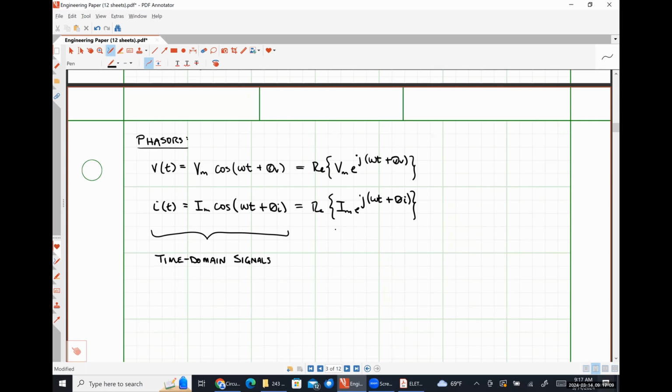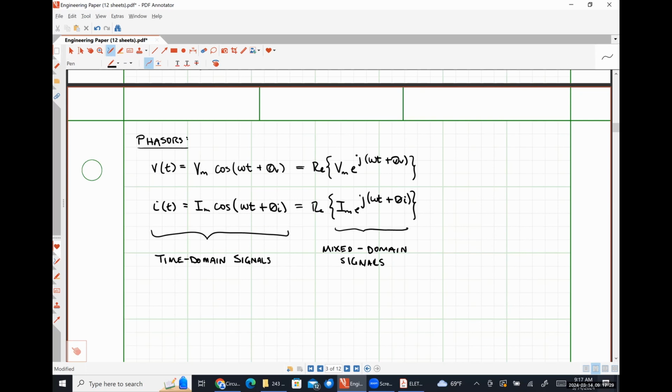So we're going to call this representation here mixed domain signals. I'm calling it mixed domain.